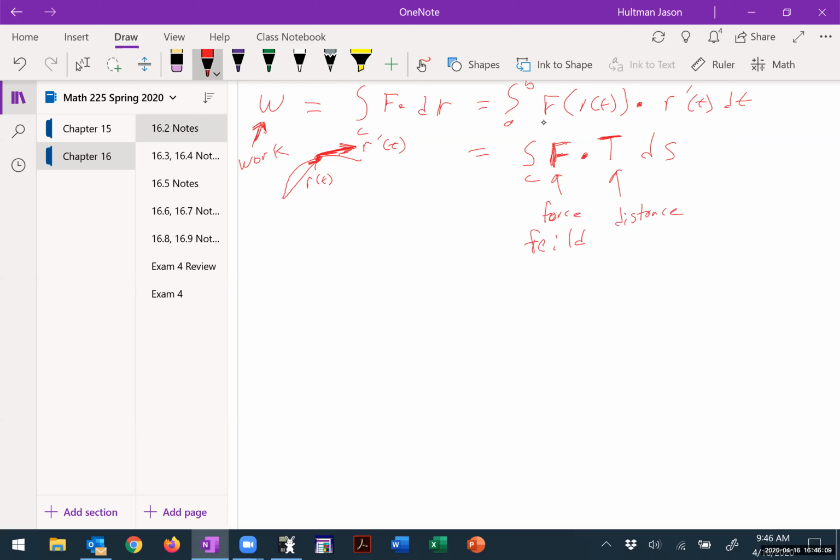It's not just a force, it's a force field, a field of force. It's a vector field, everywhere in this spatial region in the XY plane. It tells me what the forces are acting at a specific point.